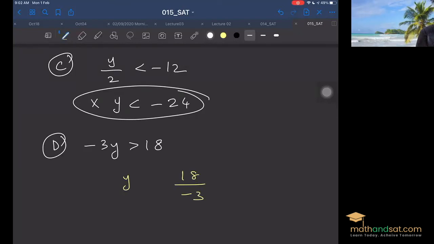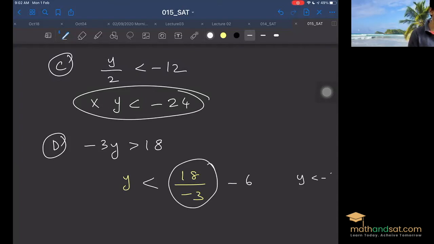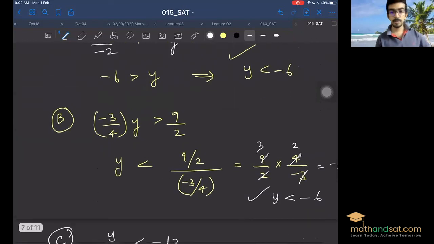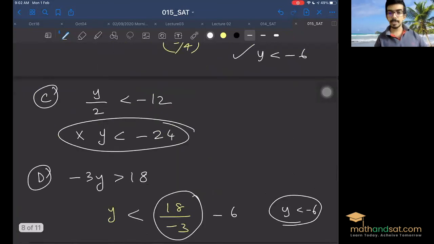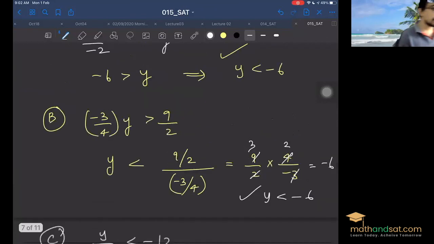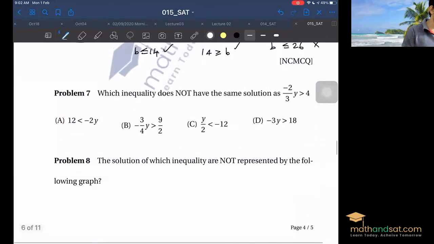Now the inequality reverses its sign because you are dividing with minus 3. So this comes out as minus 6, so y less than minus 6. Again, this is the same as the one given in the question. So C is the one that is not matching. Our answer has to be C.